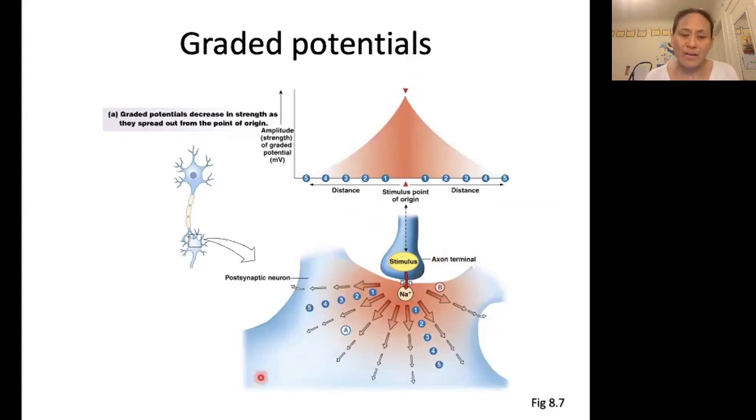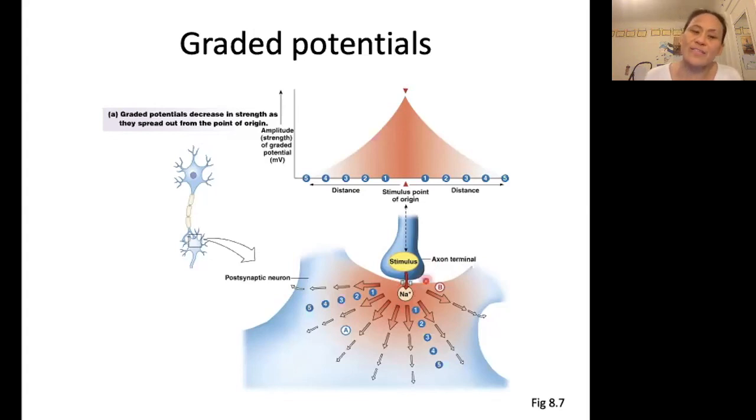In the bottom here is kind of the same thing. This is actually a corresponding picture. It corresponds to this graph right here. So we have the stimulus here. We have sodium ions. I want to remind you that these graded potentials that we're looking at are a result of ion movement across the membrane, which is causing those changes in membrane potential, which are the signal that we're looking at, okay?